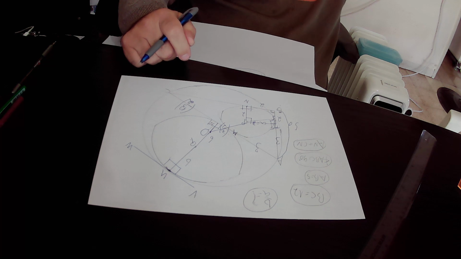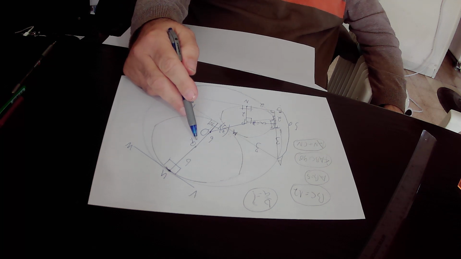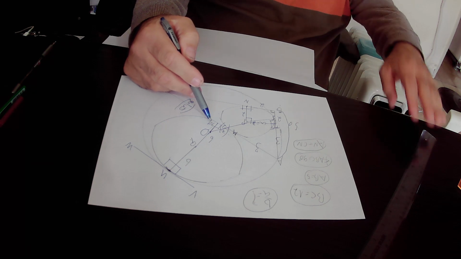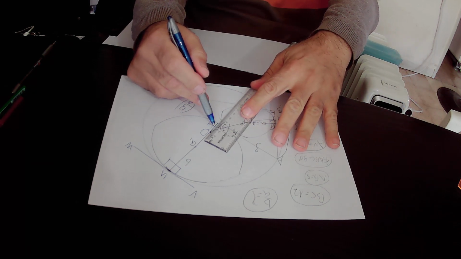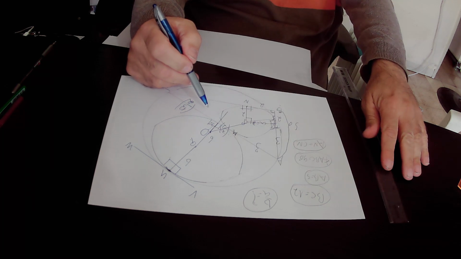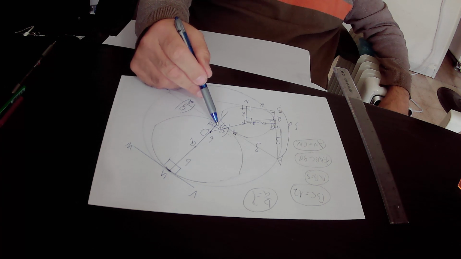Okay. In the next step, we will extend the radius QN by a straight line. This angle equals to 90 degrees.